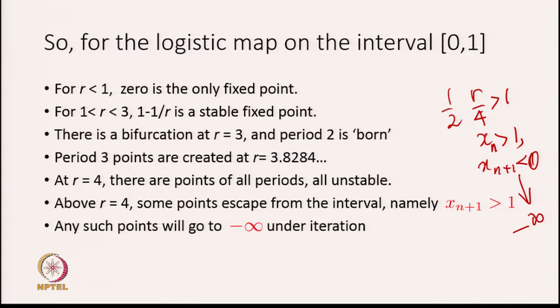So, in the logistic map, in the quadratic family, above r equal to 4, there will always be points that escape from the interval, and once x n is bigger than 1, eventually these points will iterate to minus infinity.